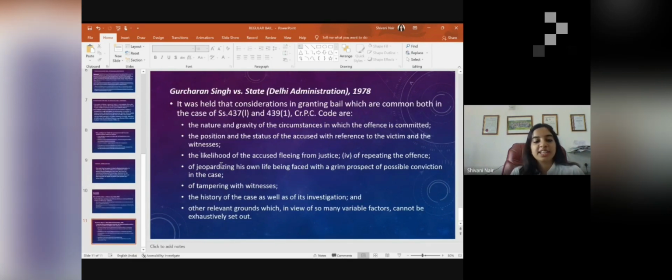Then the second case is Gurcharan Singh versus State (Delhi Administration), 1978.